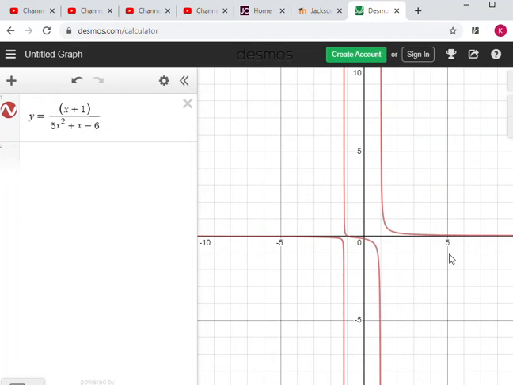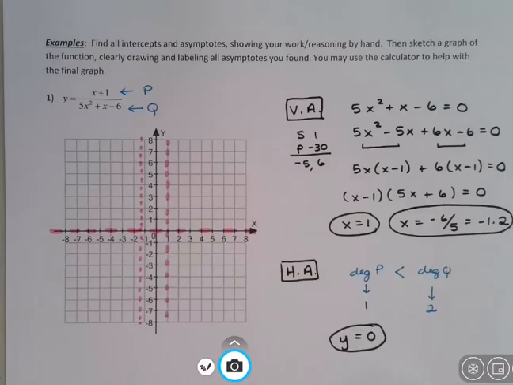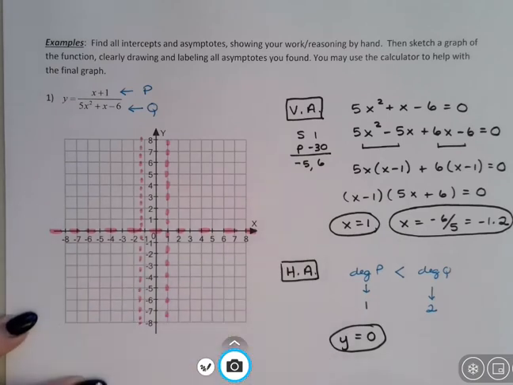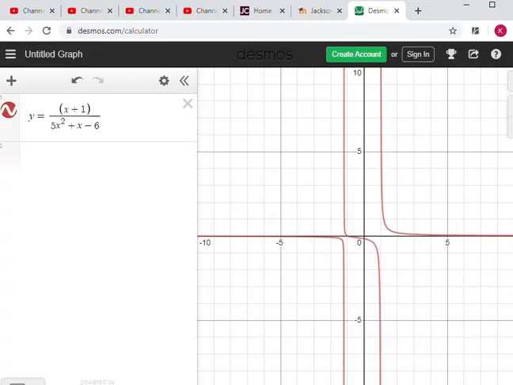Now, of course, on the actual computer, because of the number of pixels we have to work with, it kind of looks like the graph is melting into the asymptotes, but we know that truly they don't actually touch. So I'm going to take this picture, and I'm going to switch back over to my notes, and I'm basically just going to draw this picture over here. Hang on, let me take one more look at this. Let's see, we start out going over and down.